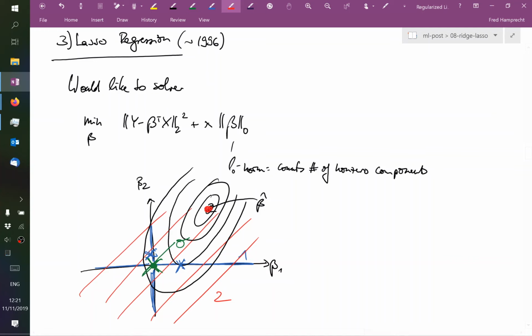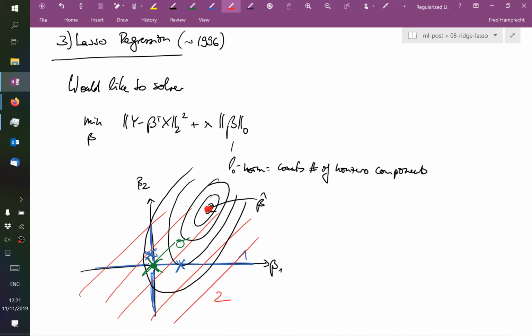So now it depends on the value of lambda which of these values is actually best. But between the two blue solutions, I could single out the better one. I could say the solution that uses beta 1 but not beta 2 is always better than the other one. But still I have to compare three solutions. I have to compare the red solution, one of the blue solutions, and the green solution.